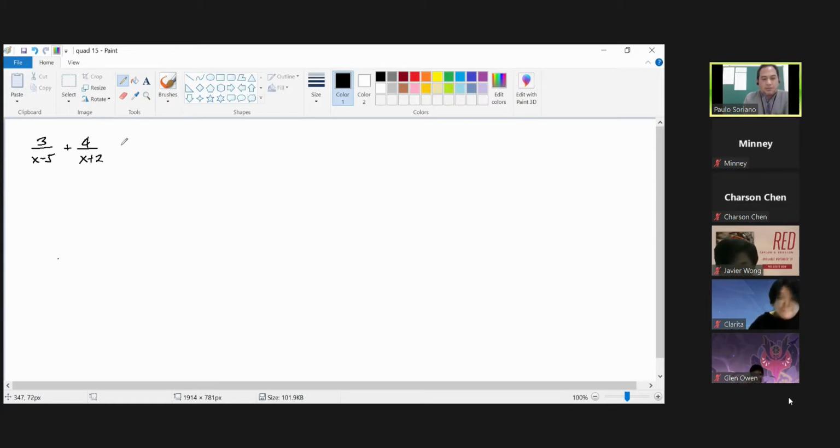I want you to simplify this fraction. What do we do? We multiply the denominators together, that's working with fractions. We will now have x minus 5 times x plus 2.